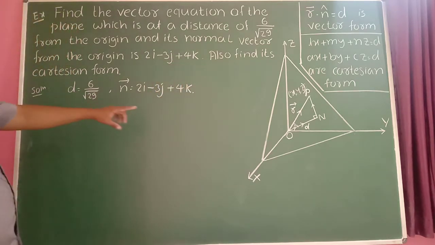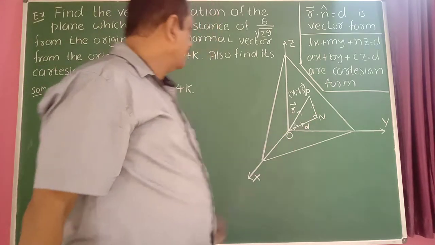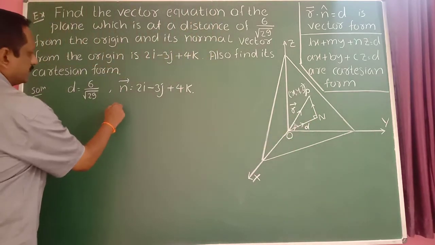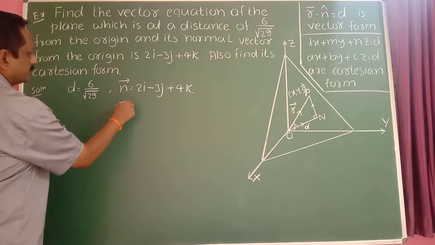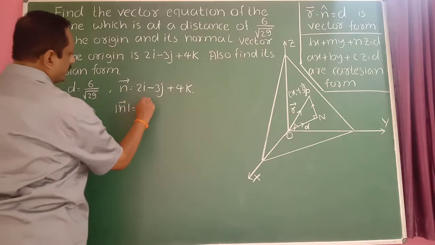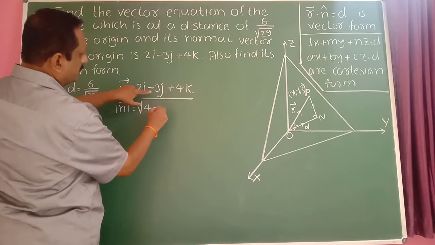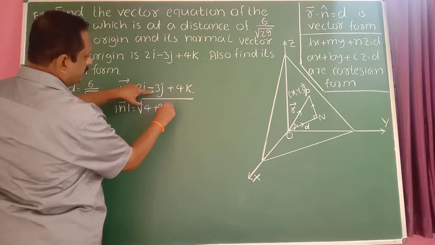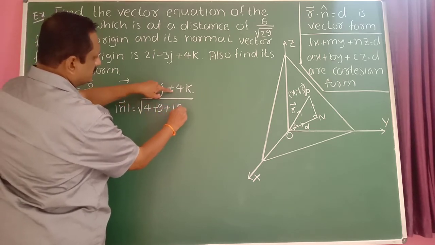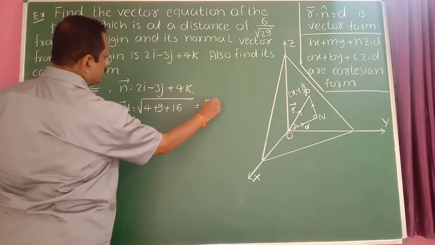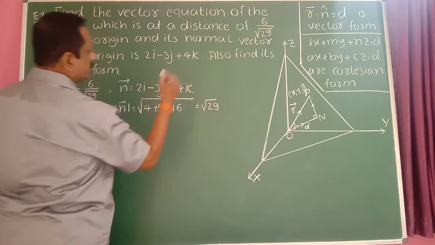So n bar is a normal vector here. Find its modulus. Modulus of n bar is equal to root of 2 squared, 4, plus minus 3 squared, 9, plus 4 squared, 16. It gives root of 29.